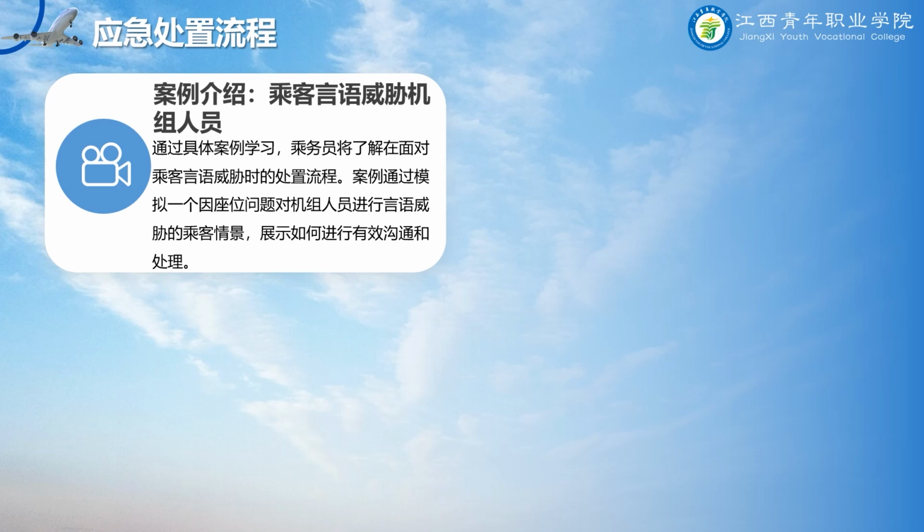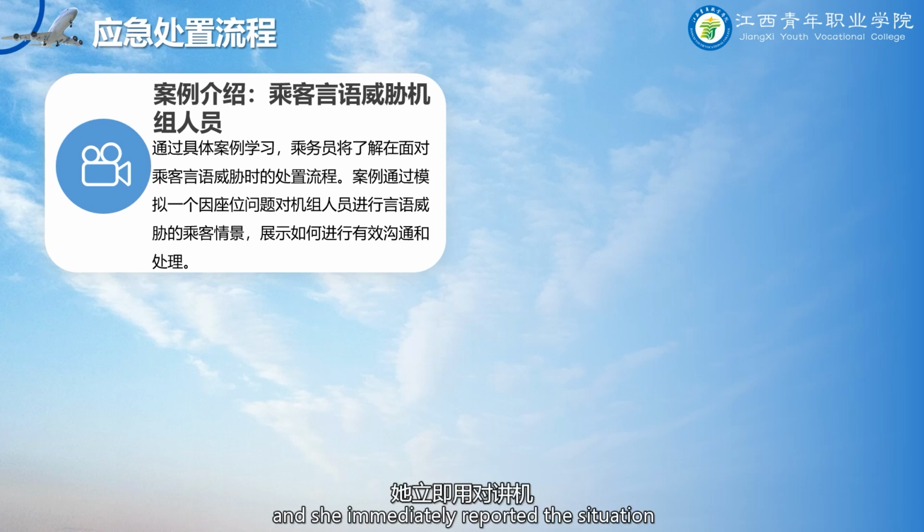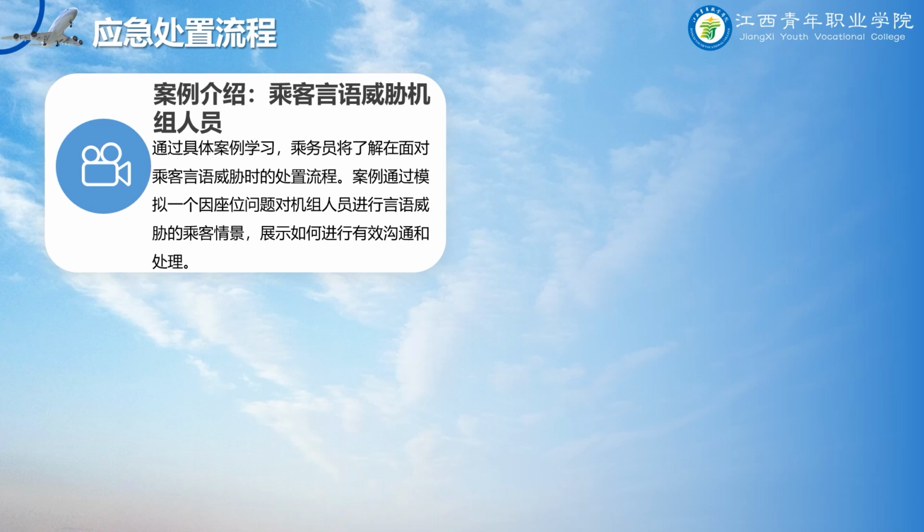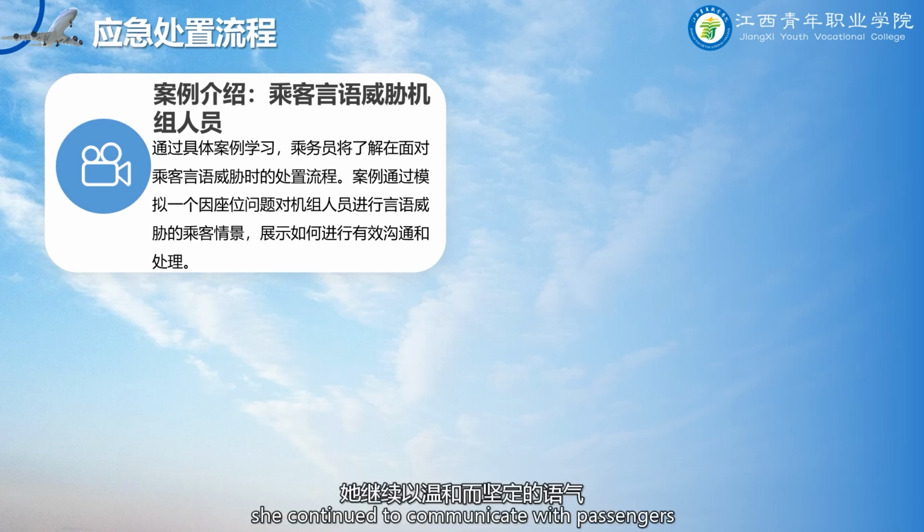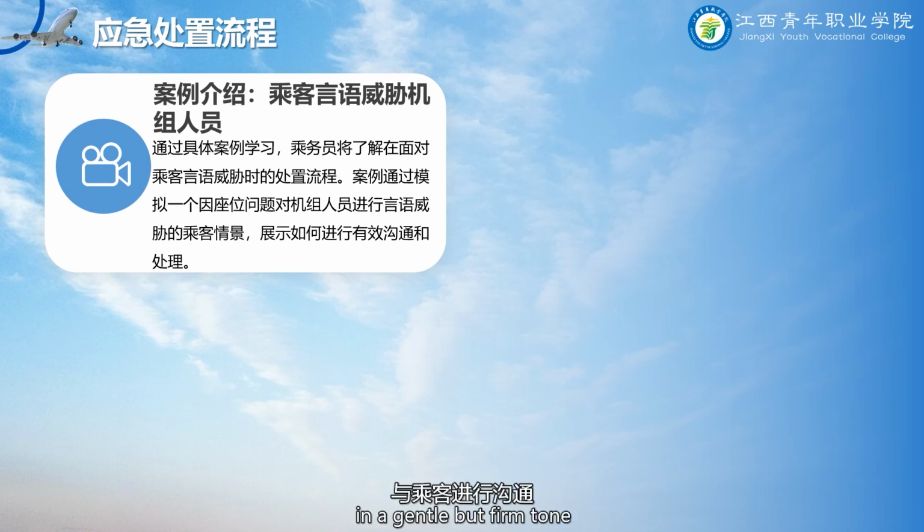At that time, the flight attendant realized the seriousness of the situation, and she immediately reported the situation to the captain on the walkie-talkie and asked for the help of other crew members. At the same time, she continued to communicate with passengers in a gentle but firm tone to avoid further escalation.